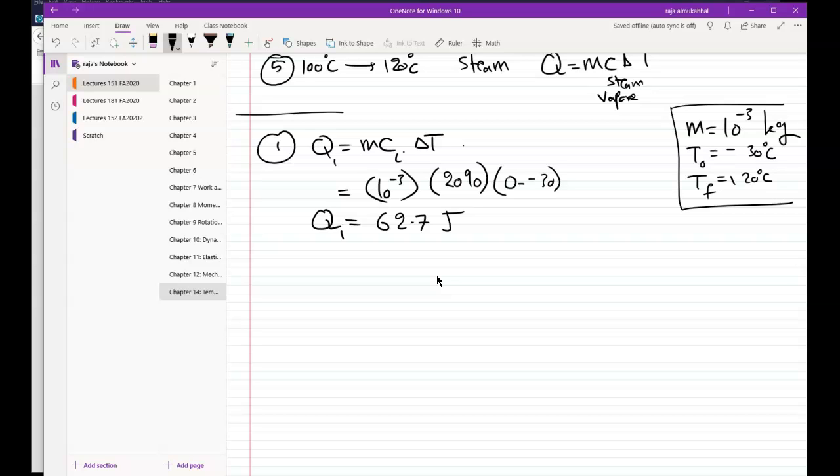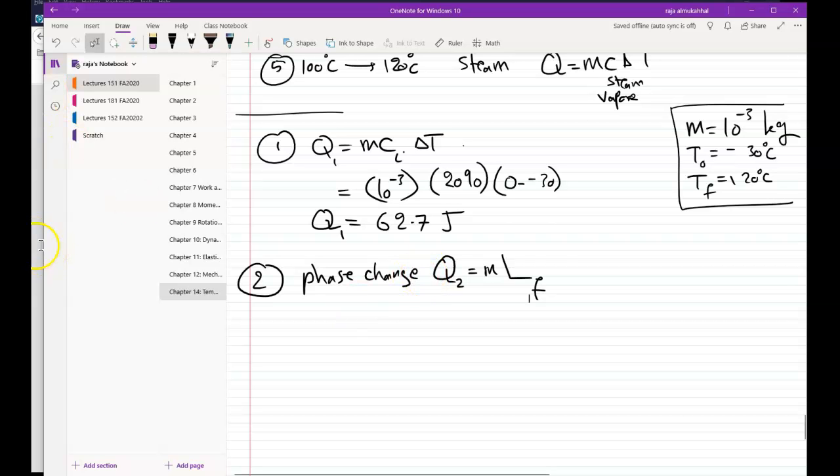The second step, again, I hope you have your notes beside you, is phase transition. From 0 to 0, that's phase change, excuse me. Q2 is equal to mL sub F. L sub F is the latent heat for the phase change of water.